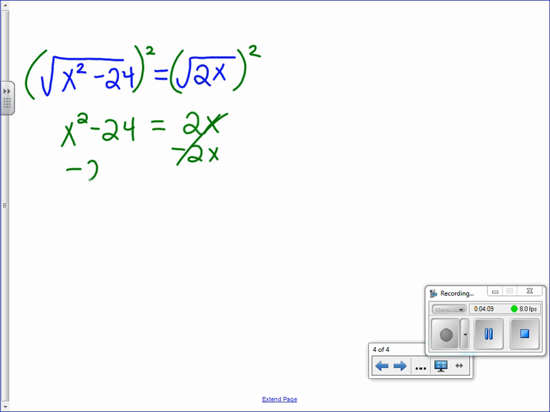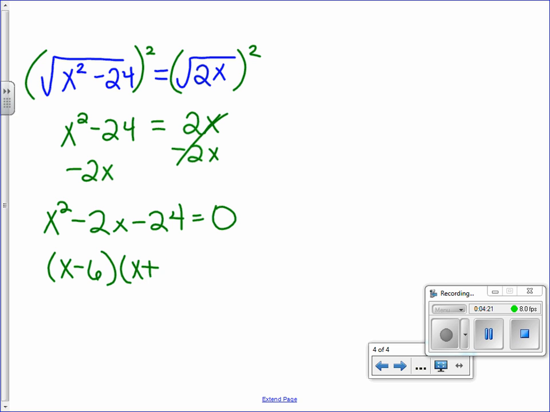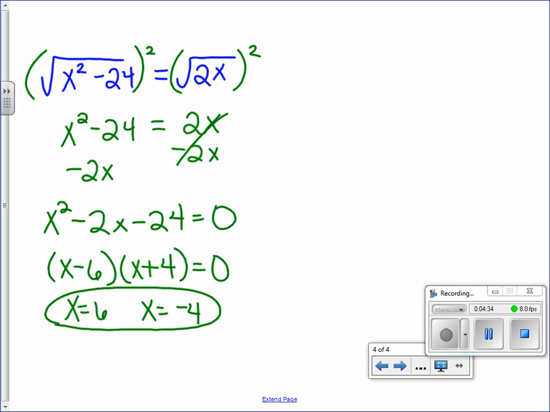Let's do x squared minus 2x minus 24 equals 0. So x is 6, or x is negative 4. Do both of these work? Yes, they do. Both of them work.